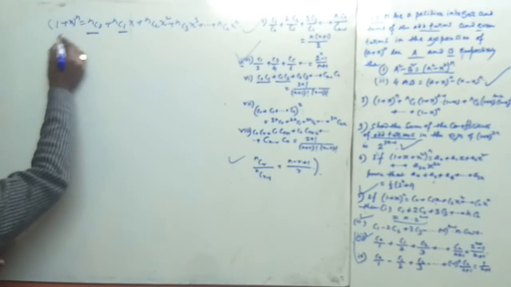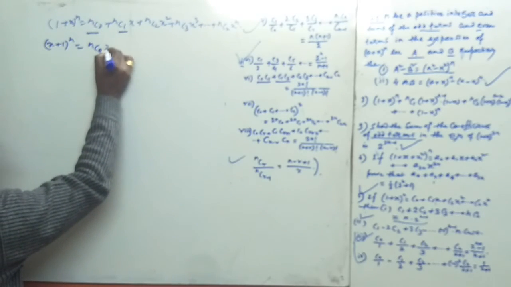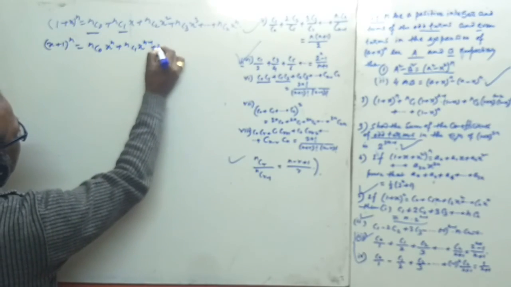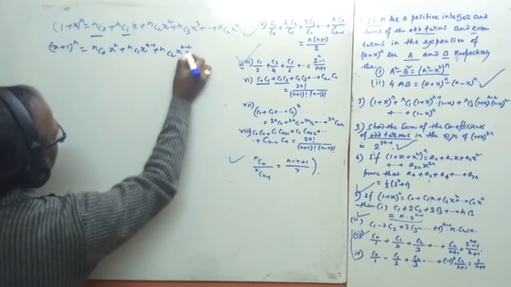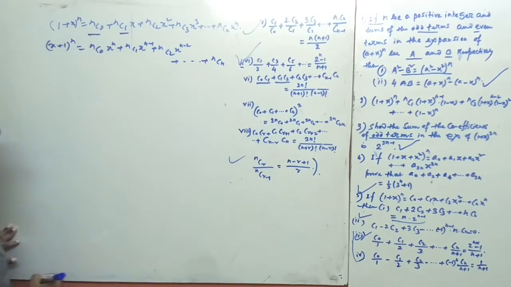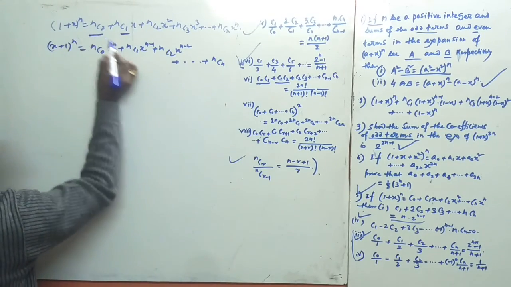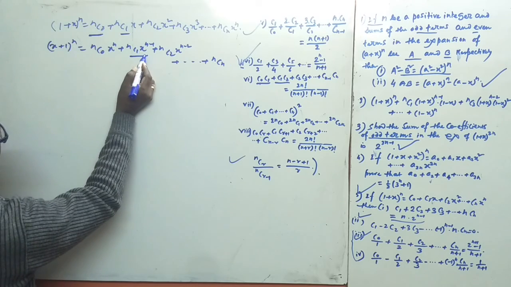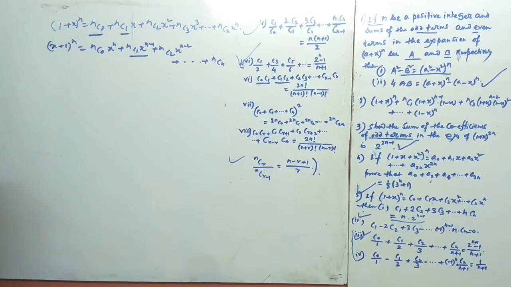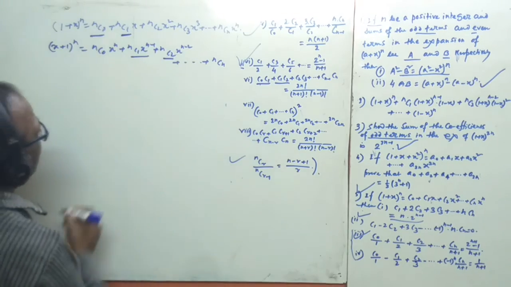So now, if we reorder it like x plus 1 whole to the power n, then we get x to the power n, nC1 x to the power n minus 1, nC2 x to the power n minus 2, and so on up to nCn. Here this is again C0, C1. If we multiply, the degree of that is x to the power n minus 1. And the same for C1, C2, x to the power n minus 1.